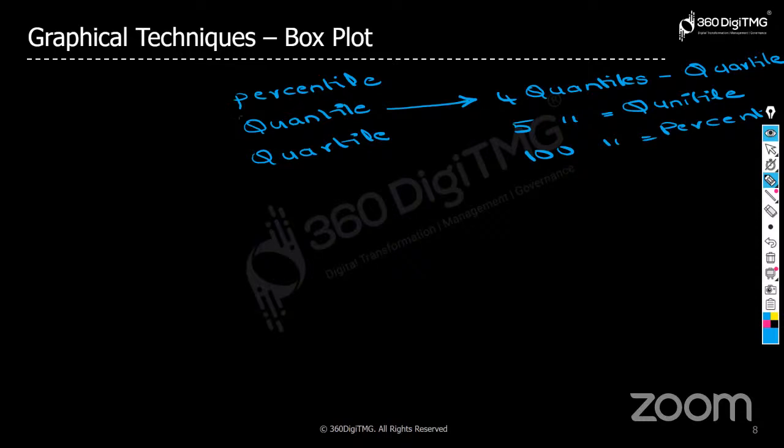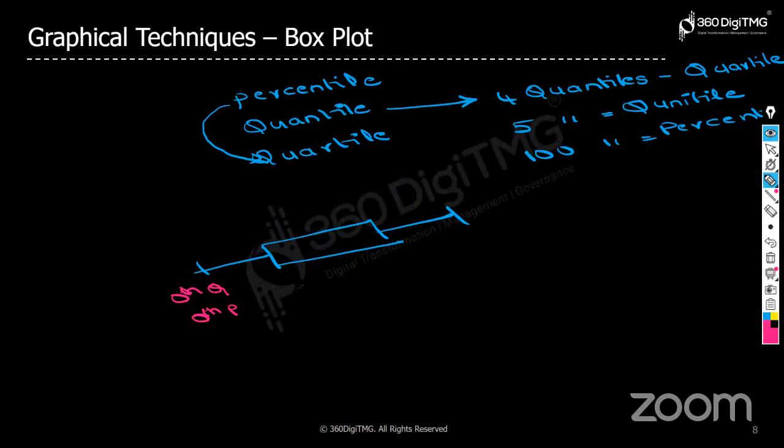And what is the relationship between percentile and quartile? Imagine this is a box plot over here. See here, this is the 0th quartile and 0th percentile.